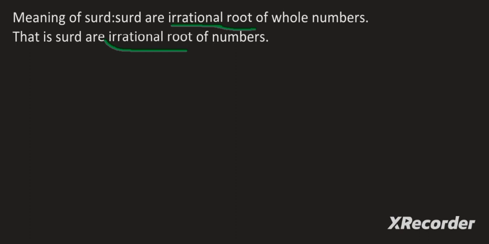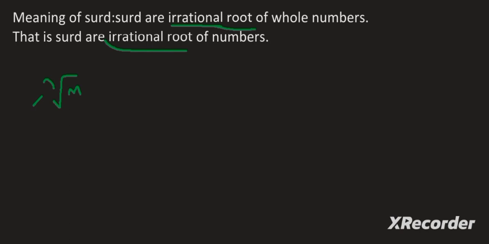When I say irrational roots, it means any root. A root is something in this form. This n is the type of root, maybe the square root or cube root.